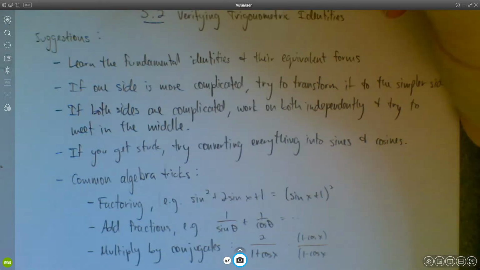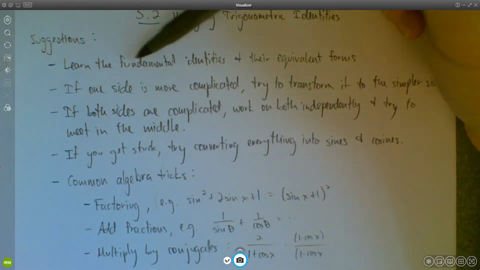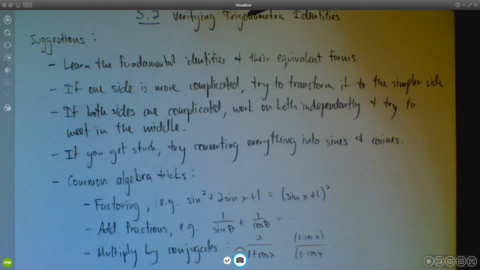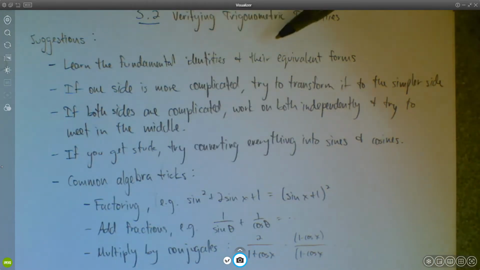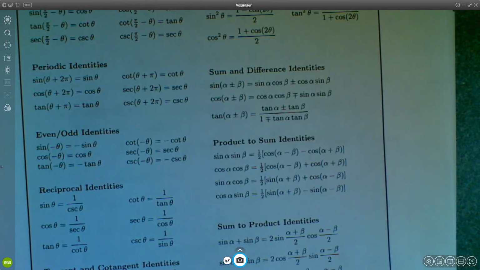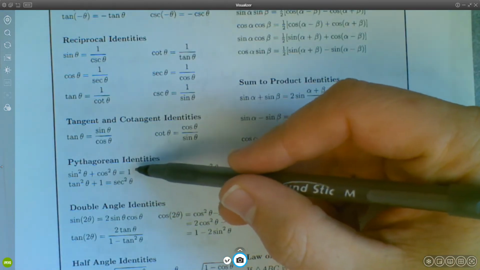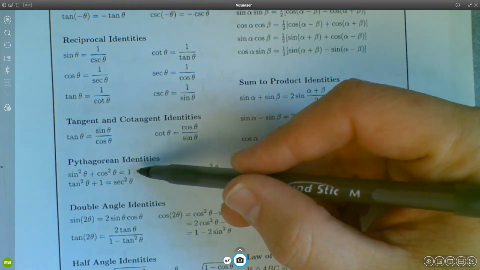So here are some suggestions for you. If you haven't done so already, you really need to commit to memory the fundamental identities that we talked about in the previous section. But also familiarize yourself with some of the equivalent forms. So, for example, one of the things that we saw at the end of the last section was this Pythagorean identity, sine squared plus cosine squared equals 1.